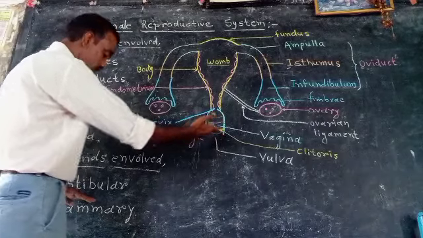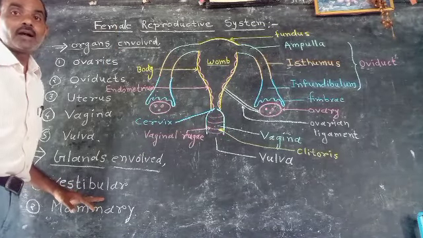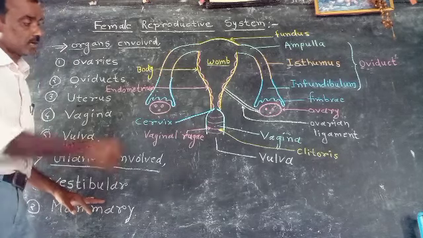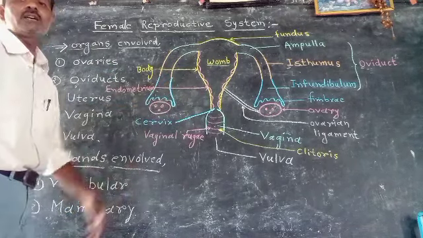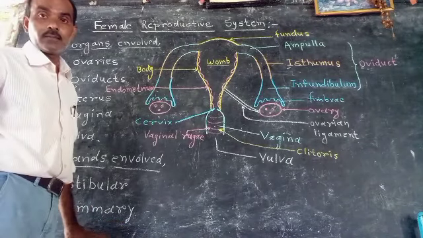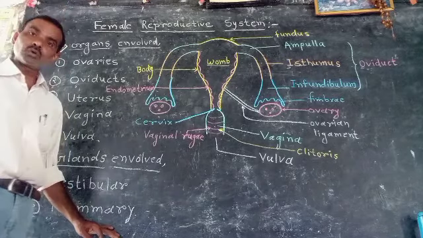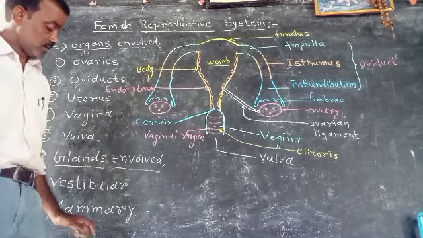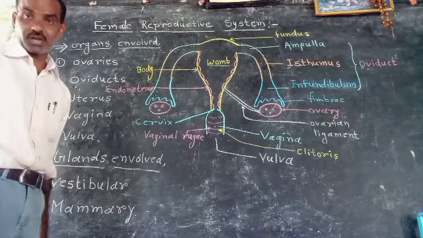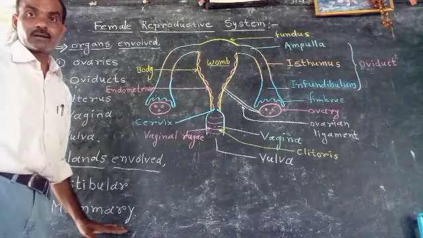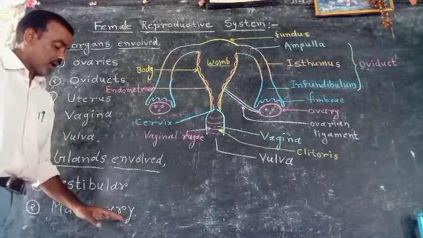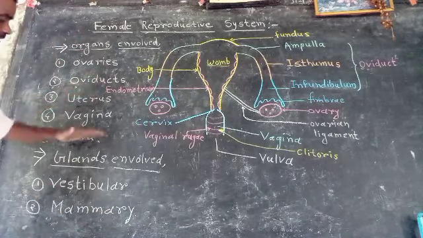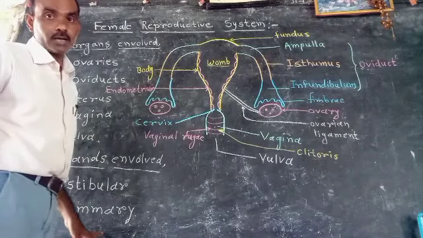At the mouth of the vagina there is the vestibular gland, and its secretion acts as a lubricant to make the path smooth and make the copulation process easier. The mammary gland is present in the chest, thoracic region, ventrally, and it produces milk after the discharge of the fetus, after delivery, with the help of the hormone prolactin. Those are the organs and glands involved in the female reproductive system.